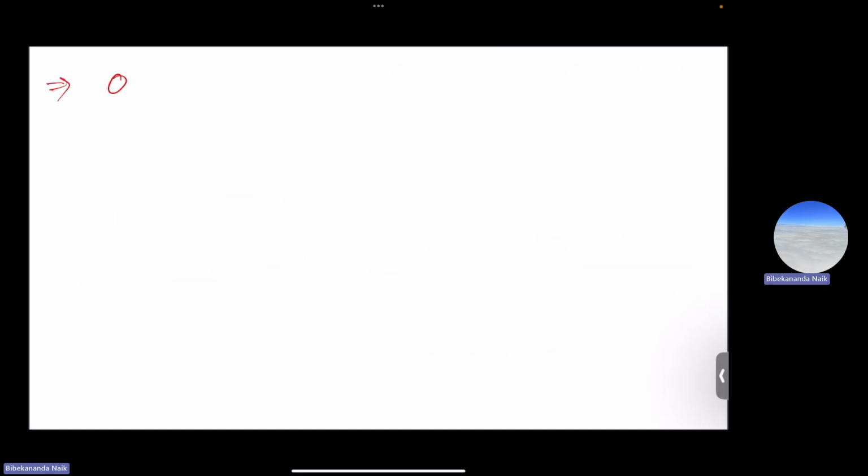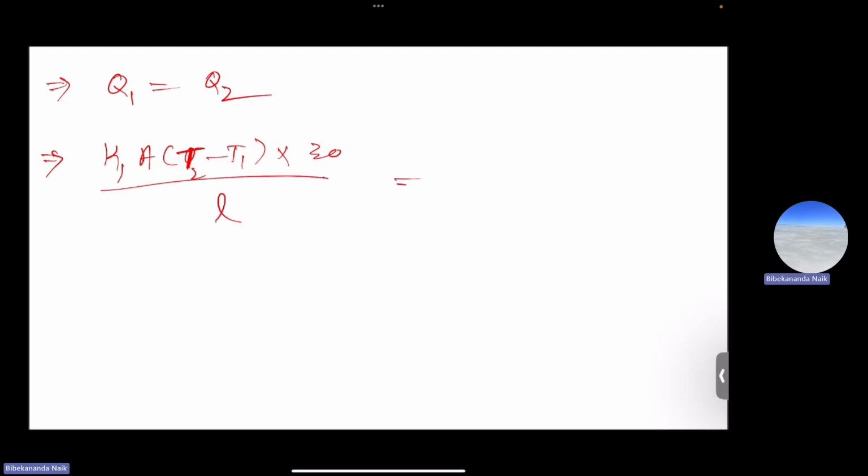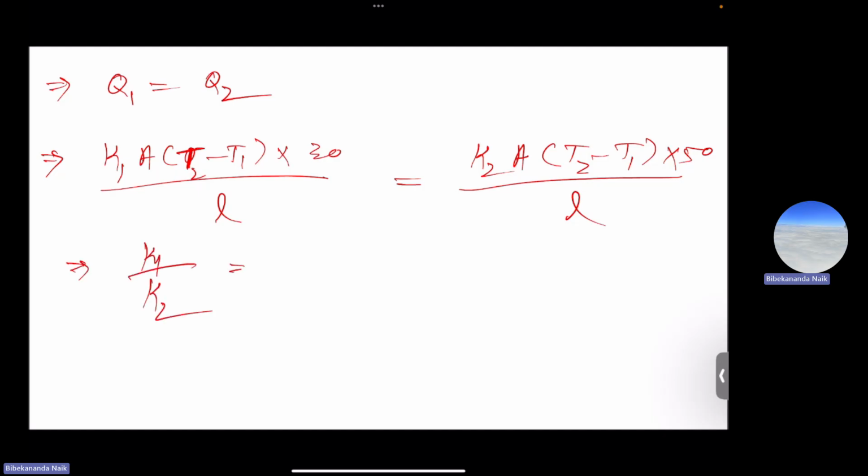So what will be the value? We know Q1 equals Q2. So Q1 is K1 A (T2 minus T1) into 30 divided by L, equals K2 A (T2 minus T1) into 50 divided by L. That implies K1 by K2 is equal to 50 by 30, that is 5 by 3, because L is the same, the temperature difference is also the same, and the area of cross section is the same because they are of the same size.